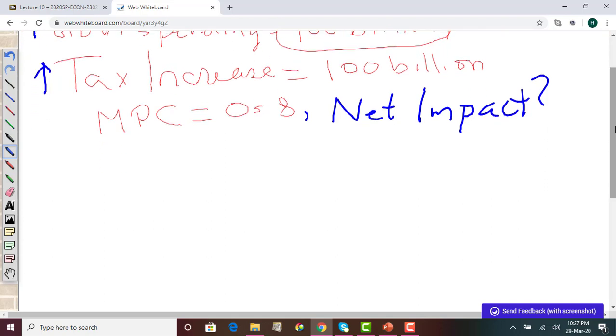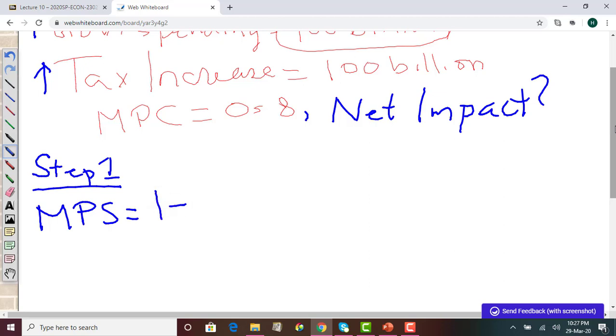Step 1 is to calculate the MPS, the marginal propensity to save, just like last time, because we need this in order to calculate the multiplier, right? MPS is given by 1 minus MPC, because if you remember, MPS plus MPC is equal to 1. So I just took MPC from the left hand side of the equation to the right hand side, in order to calculate MPS.